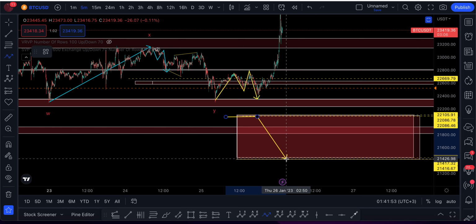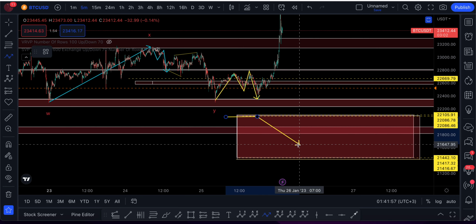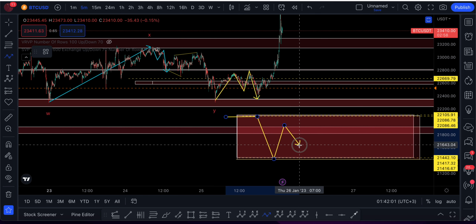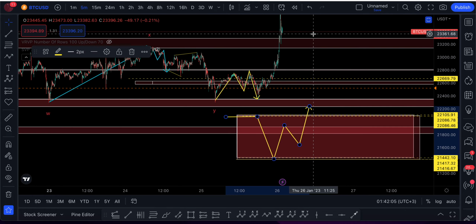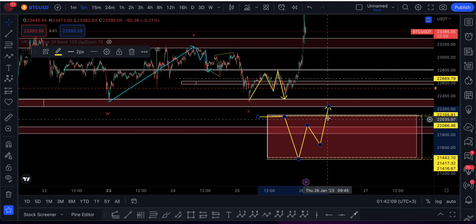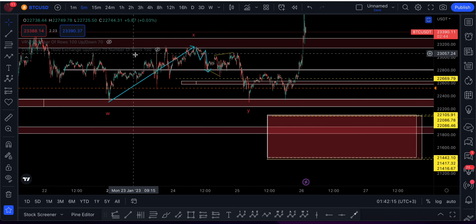So I would have waited for it to find support, a move to the upside, so something like this. Let's say it bounces off there, a move to the upside, a pullback, and if that turns into good support, then I would try to buy to anticipate a breakout like it has done, right? But I indicated that I might not be expecting this move to the downside.